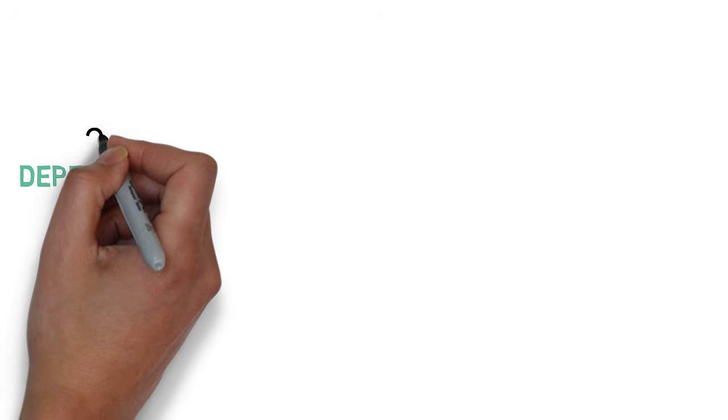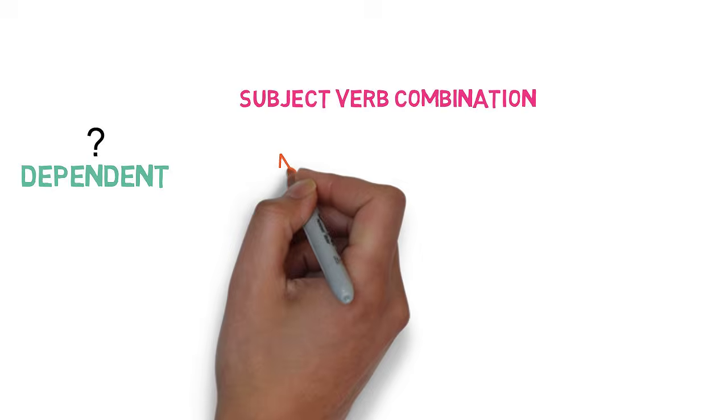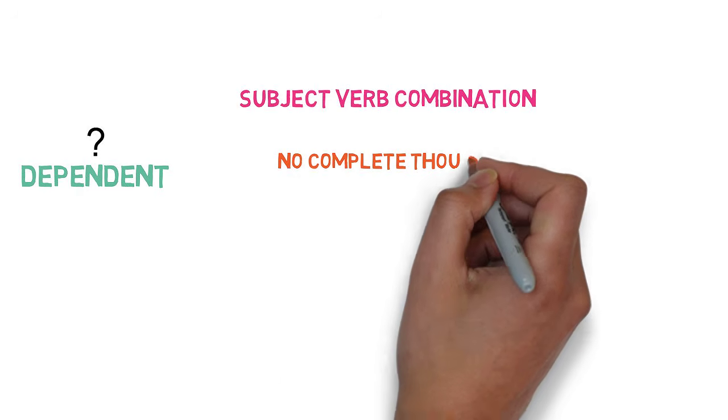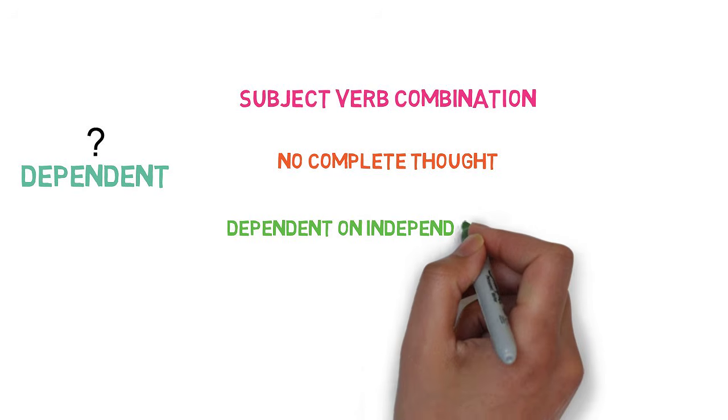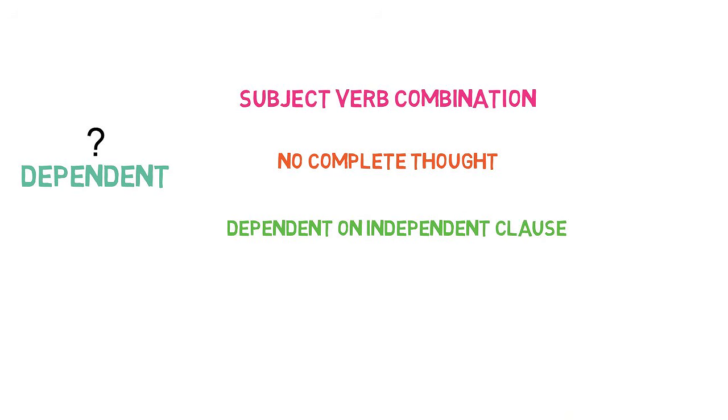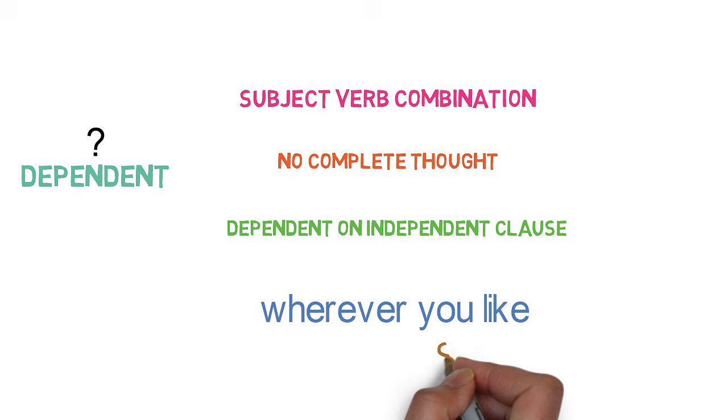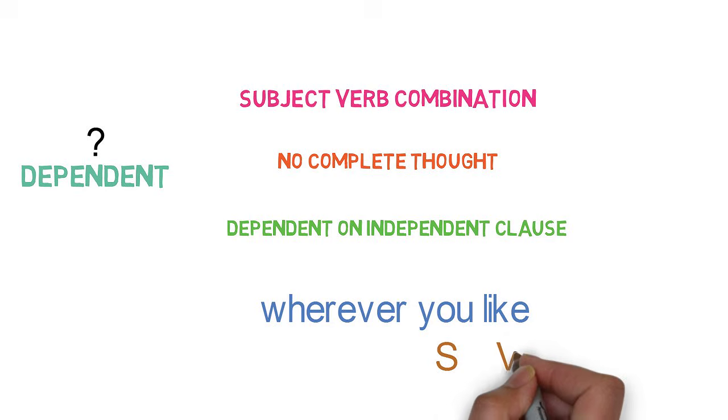Then what is a dependent clause? It has a subject and a verb, but it doesn't have a complete thought by itself and is dependent on an independent or main clause for a complete thought. For example, wherever you like. Here, you is the subject and like is the verb, and the whole sentence is having a meaning as well, but it's incomplete.